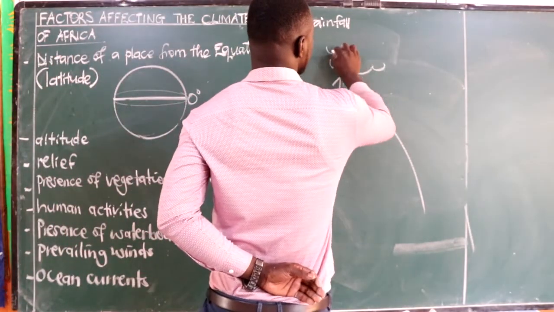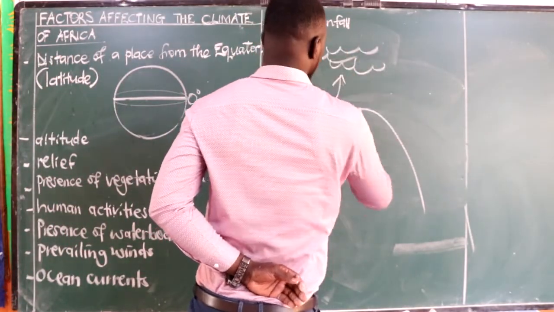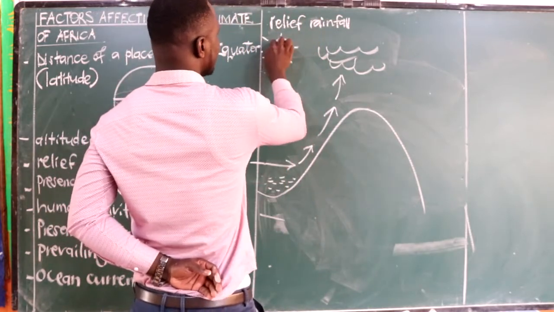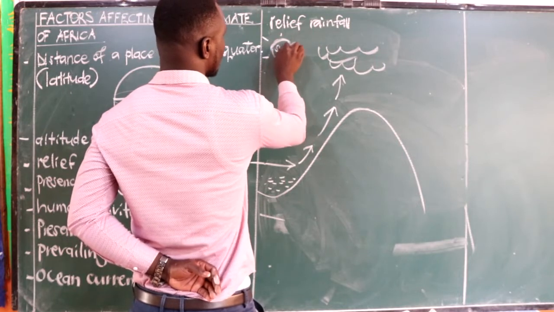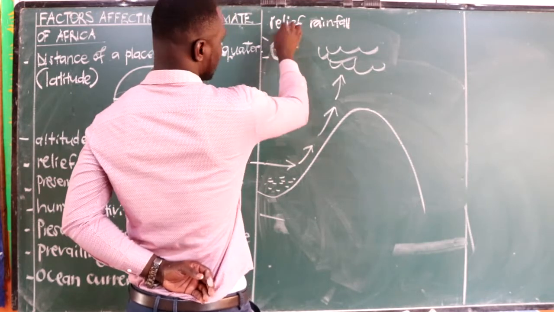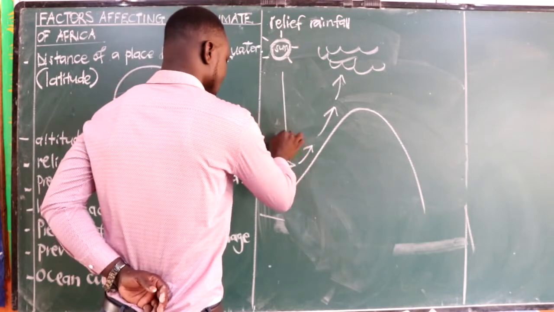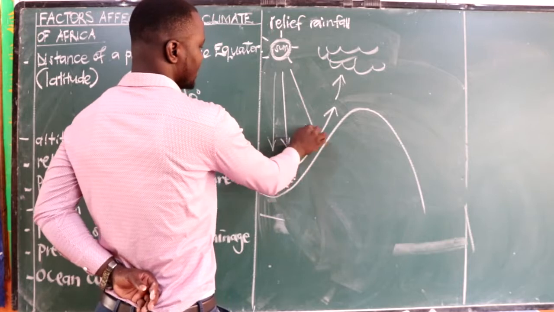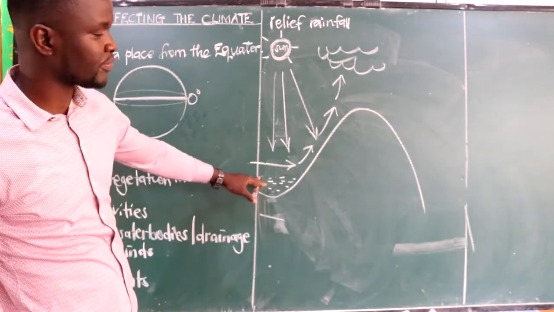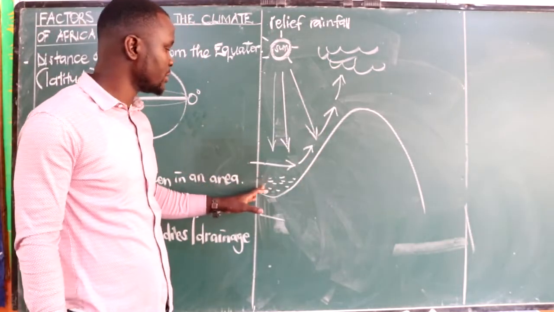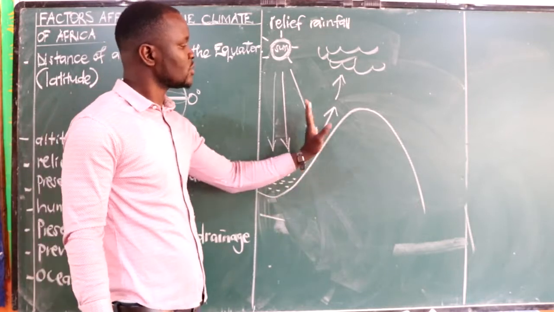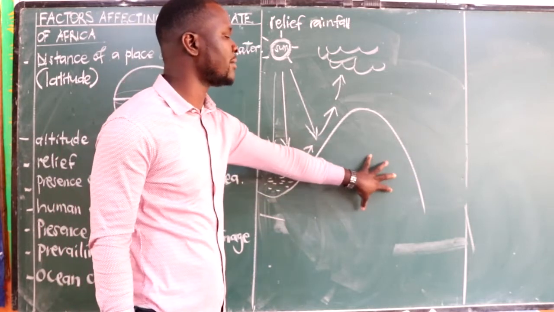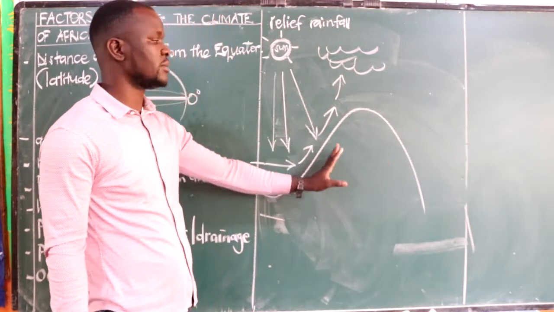So we are looking at a relief of an area, and we can have the sun here. Of course, this sun shines, and the wind blows wanting to cross to the other side of the mountain. But because of the mountain being a block here, it cannot pass through.